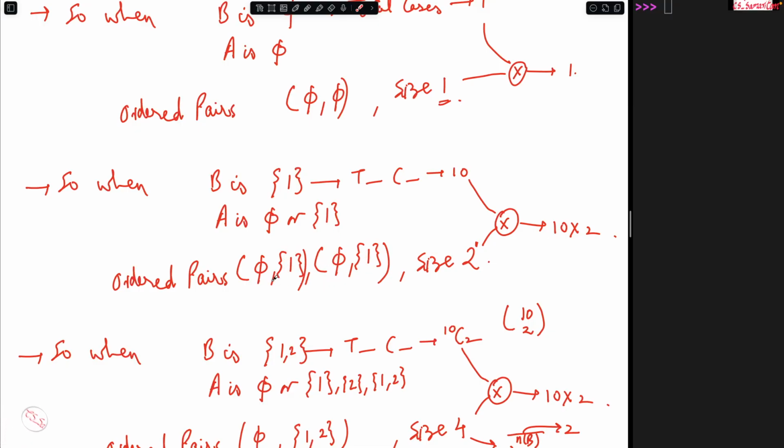We have phi, 1 and we have 1, 1. It has to be 1 comma 1, right? Like this. After this, the total number of ordered pairs is 2 and the total number of cases that can be taken for B is 10. So multiply them together, you have 10 times 2, that is 20.